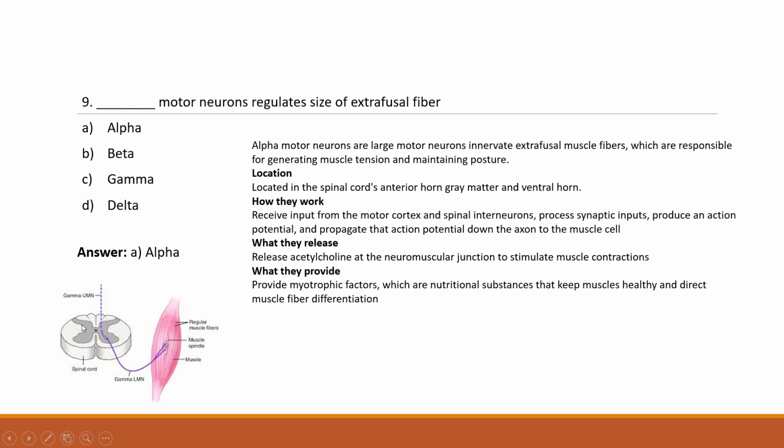So you can see here they have specified the region where gamma is, because gamma contributes one third, it's in a large number. So you can easily spot that. So in the same ventral horn, you will also have your alpha, and also in the anterior horn gray matter.